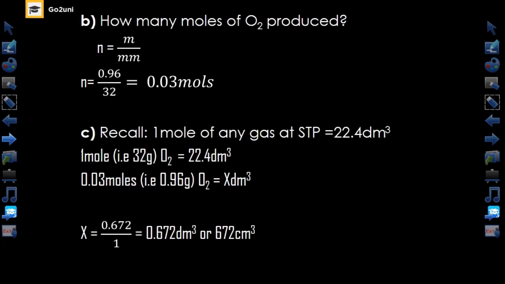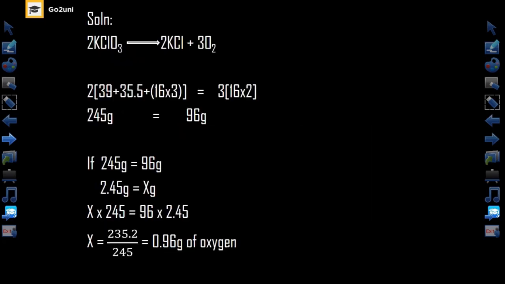It is a constant. Now, since we've calculated 0.96 gram of oxygen, what will be the volume of 0.96 grams of oxygen? That is the simple question.